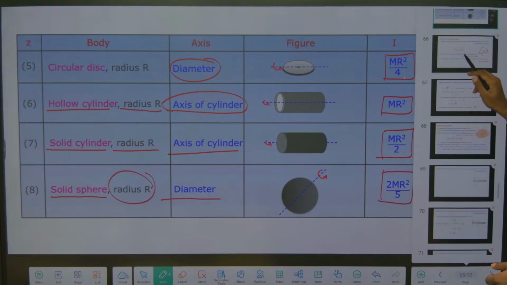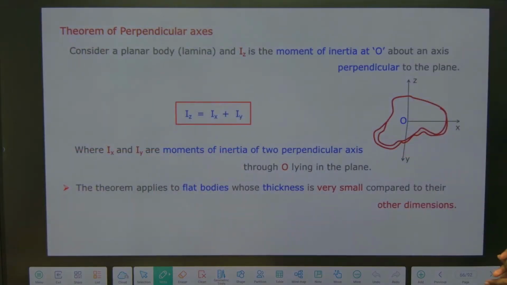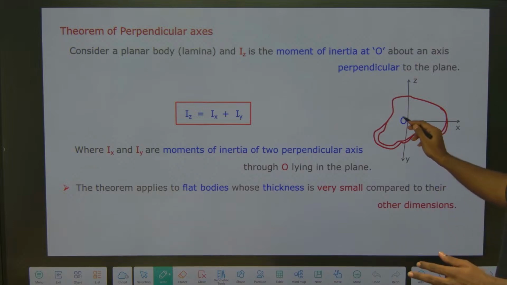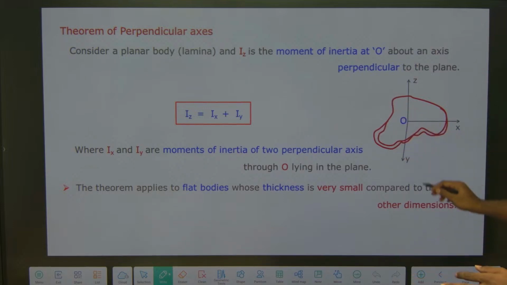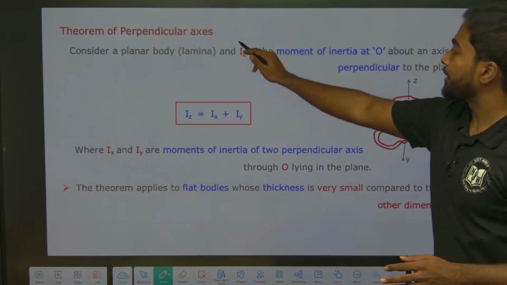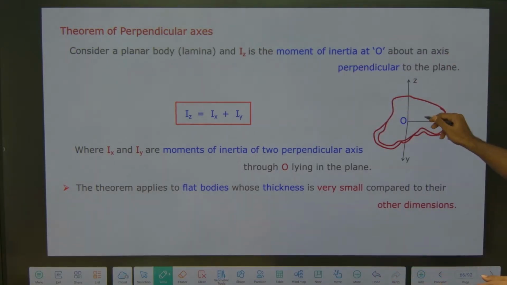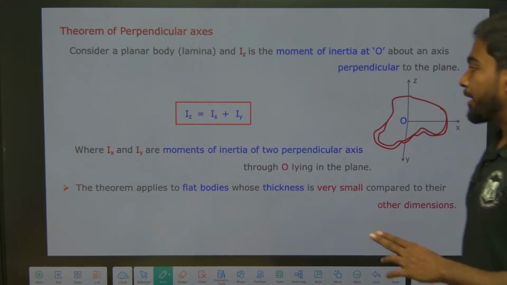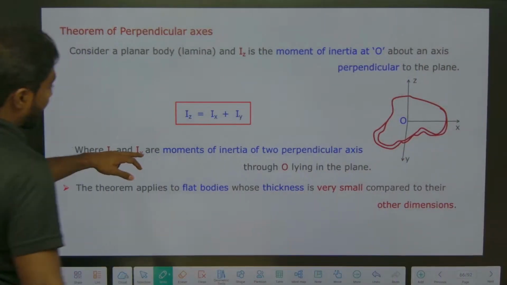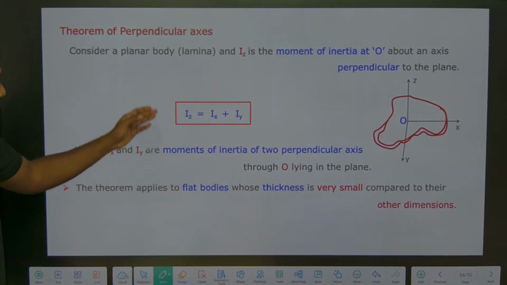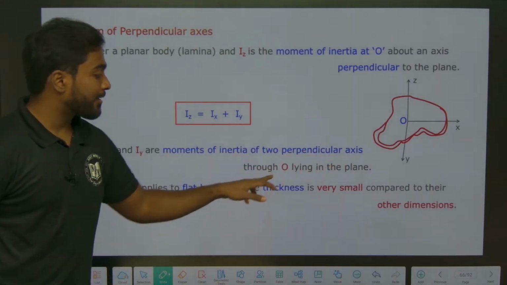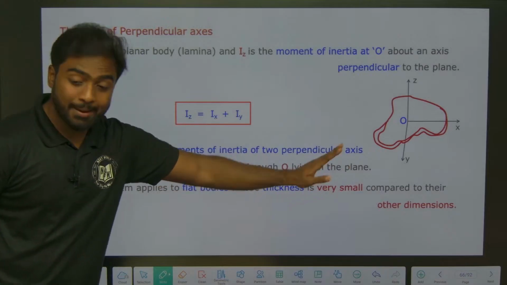Next one, what we are seeing is the theorem of perpendicular axis. We are considering a planar body, and Iz is the moment of inertia about the z axis at the point O, where Ix and Iy are the moments of inertia about two perpendicular axes through O lying in the same plane.